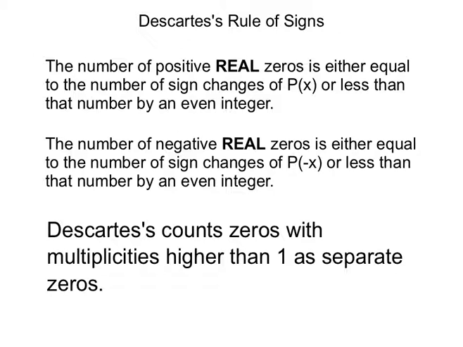It also says the number of negative real zeros is either equal to the number of sign changes of p of negative x or less than that number by an even integer. And Descartes counts zeros with multiplicities higher than 1 as separate zeros. So if I had a zero that's 1 with a multiplicity of 2, Descartes would count that as 2 zeros.